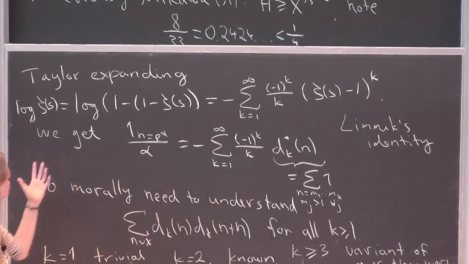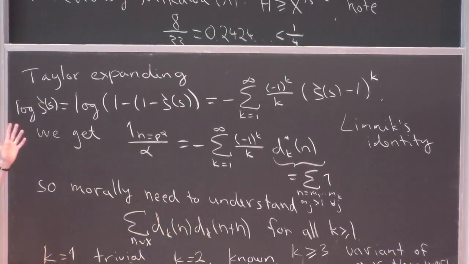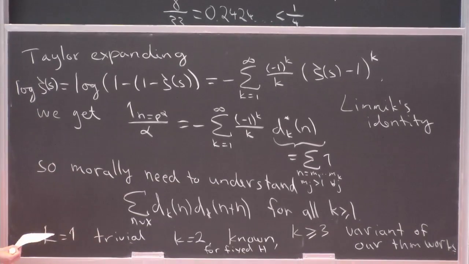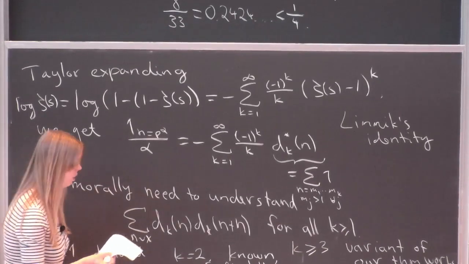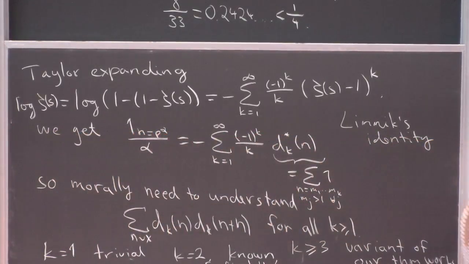But this divisor function is in many ways easier than the von Mangoldt function because it's multiplicative. So perhaps we can do better for the divisor function than we can do for the von Mangoldt function. One more thing I should say is that also for the divisor function, the previous result corresponding to our method and a variant of it getting the exponent 8/33 was x to 1/3, and it was the work of Baier, Browning, Marasingha and Zhao.